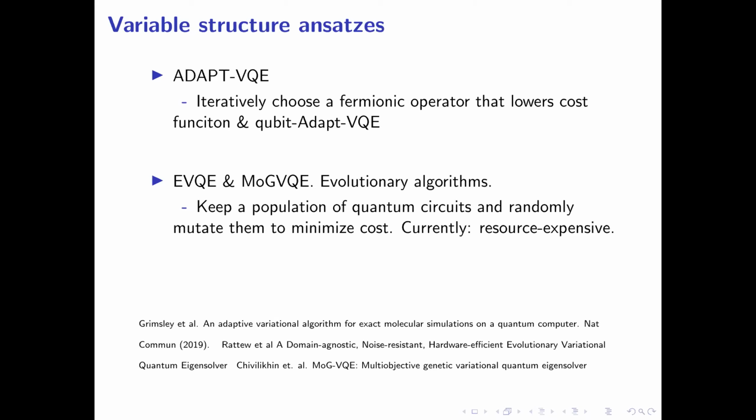On the other hand, one can think of some machine learning aided strategies, which come down to evolutionary algorithms, in particular the works on evolutionary VQE and multi-objective VQE, where in general one optimizes the structure by keeping a population of quantum circuits and randomly mutating them to minimize some cost function.